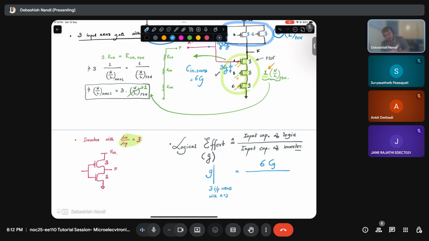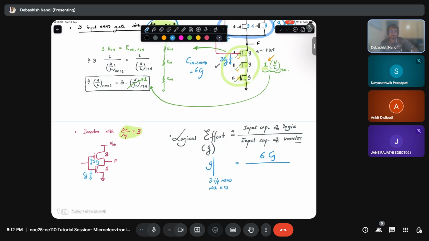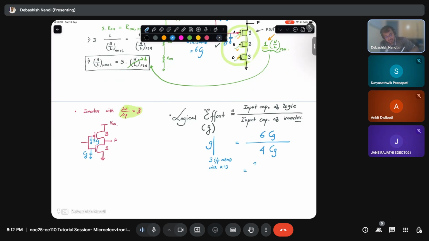And what about that of an inverter? The input capacitance of the inverter is 4 Cg. So the logical effort is 3 by 2.